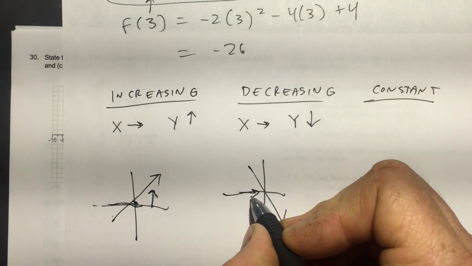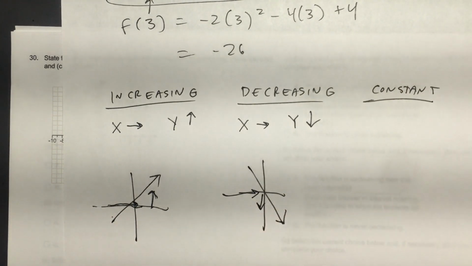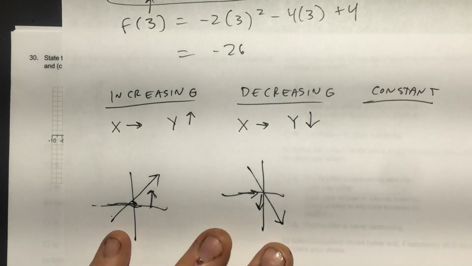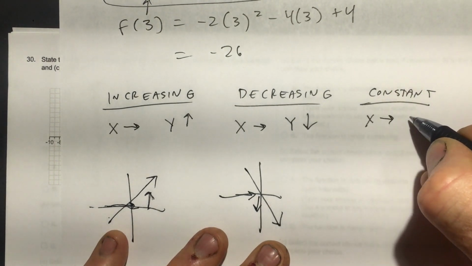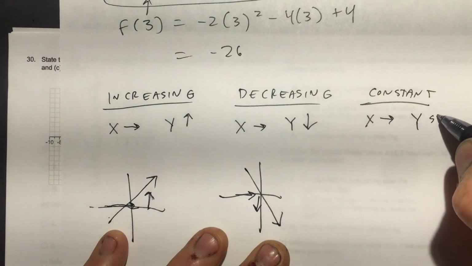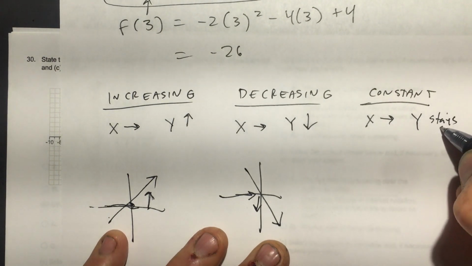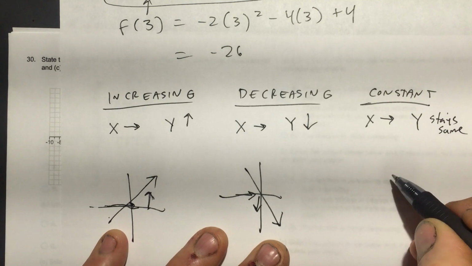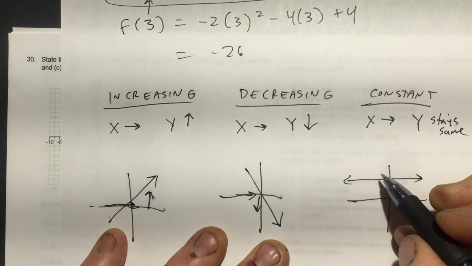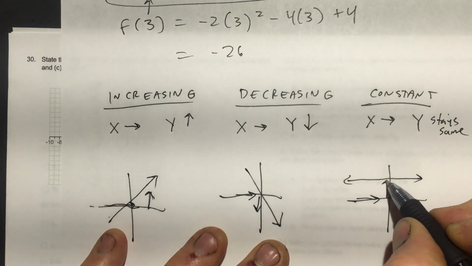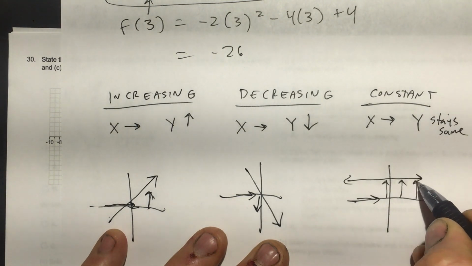As x gets bigger, y is going downhill. And then constant is this: as x increases, y stays the same. It would be like this right here. As x is increasing, the y value is staying the same every time.